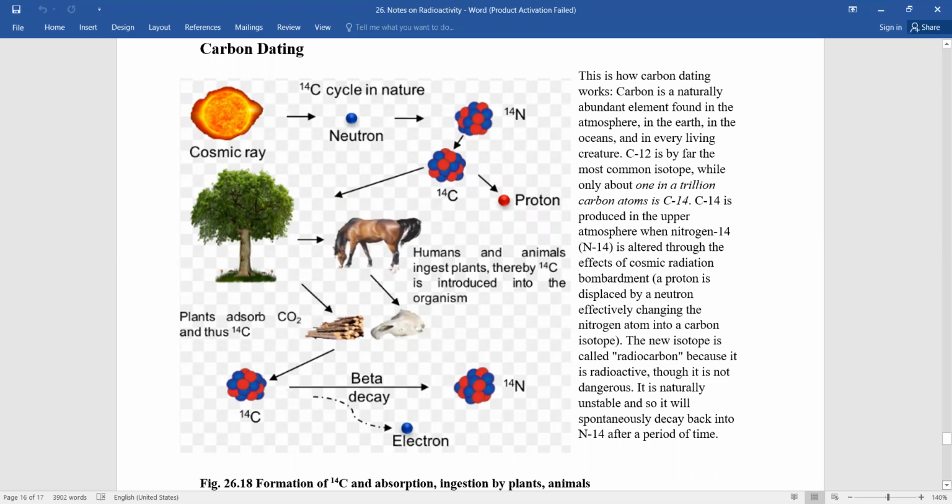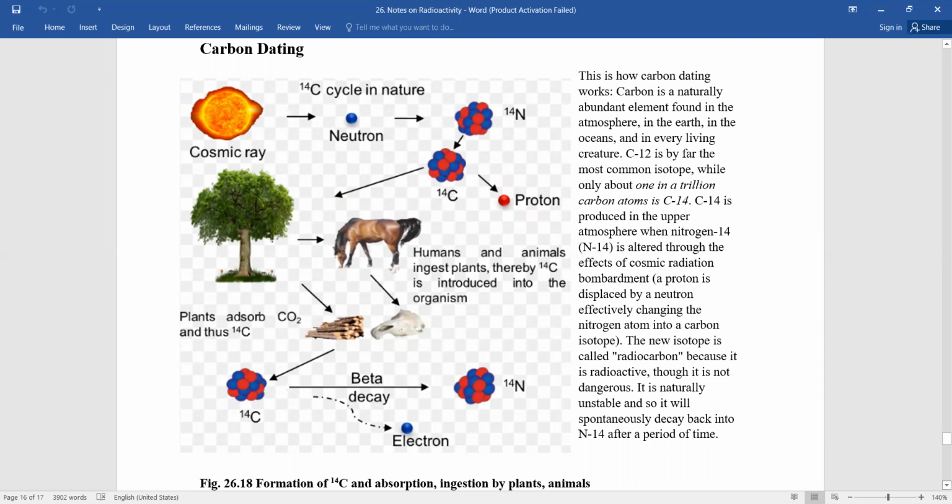So if, for example, 5 grams of carbon 14 should give 1000 counts, but it's now giving only 250 counts, right?